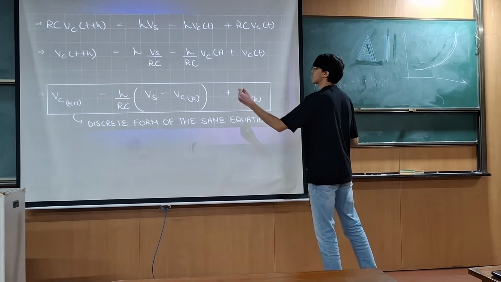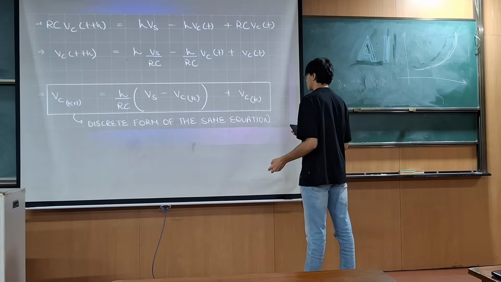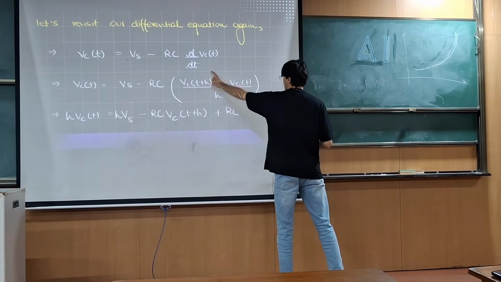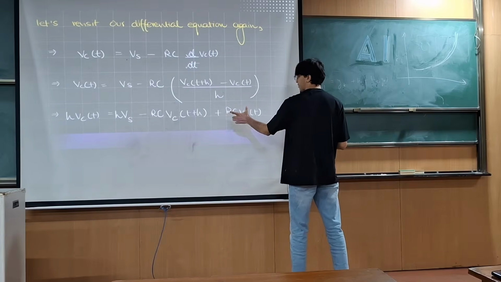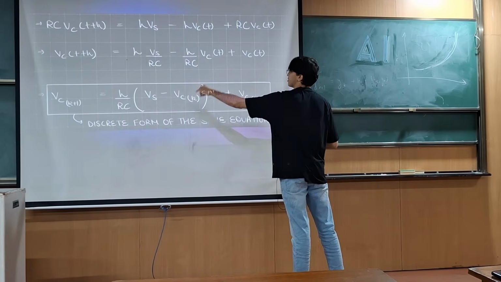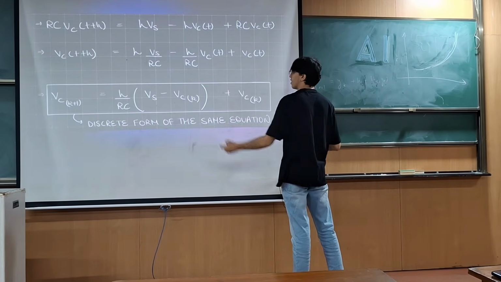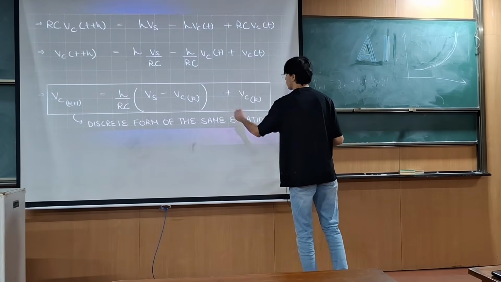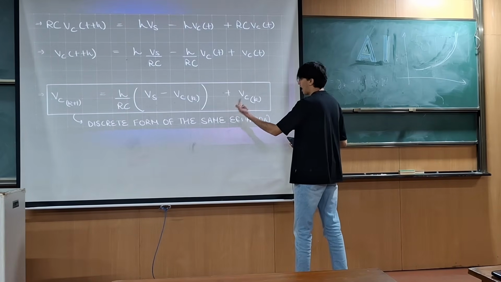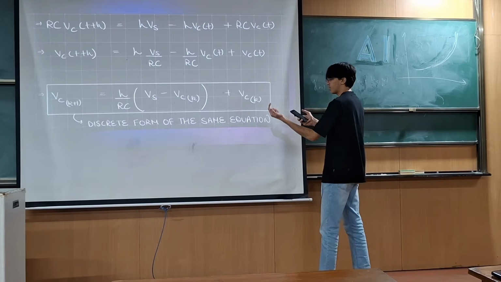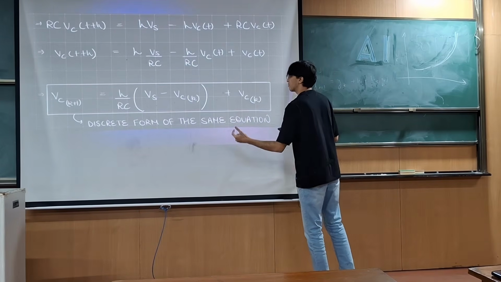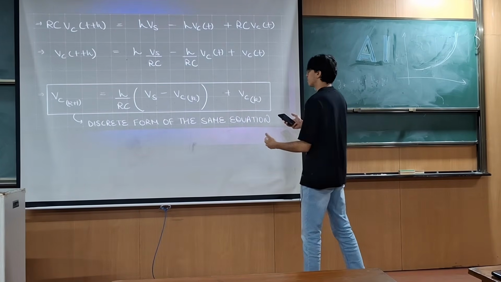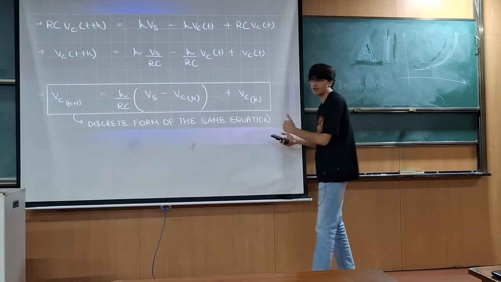So what you basically did was, instead of writing it as a continuous time derivative, you wrote it as a discrete time derivative, and did some algebra. What we got is that the voltage across the capacitor can be written as a linear combination of the input and the voltage at the previous time.